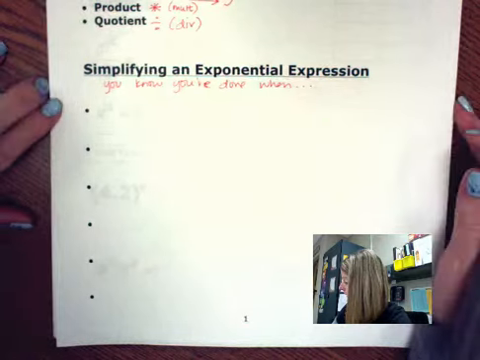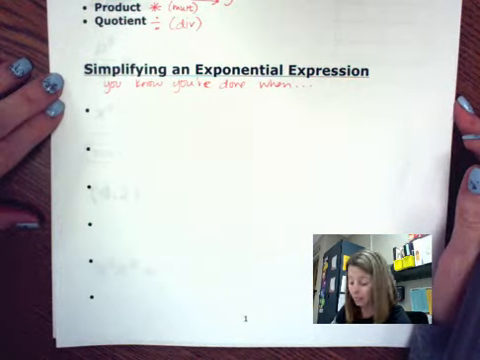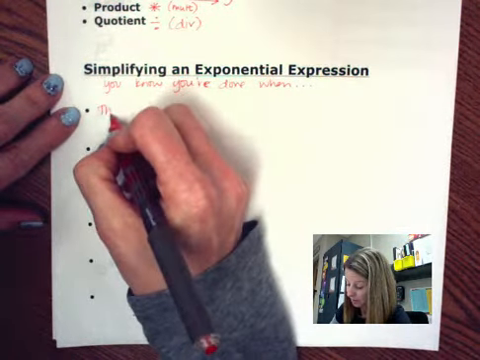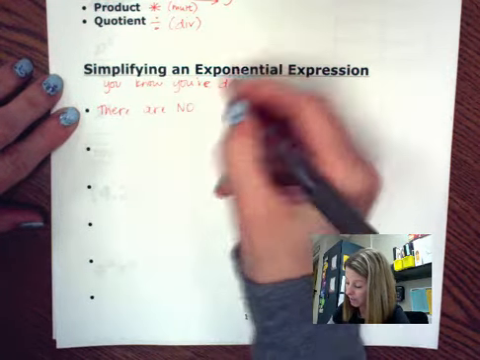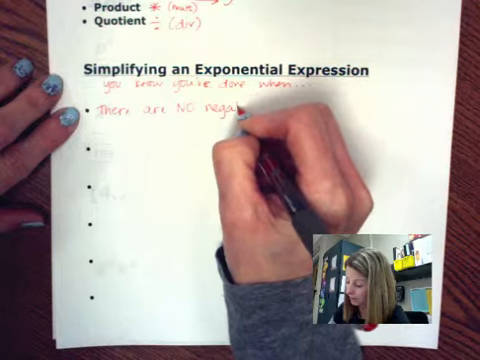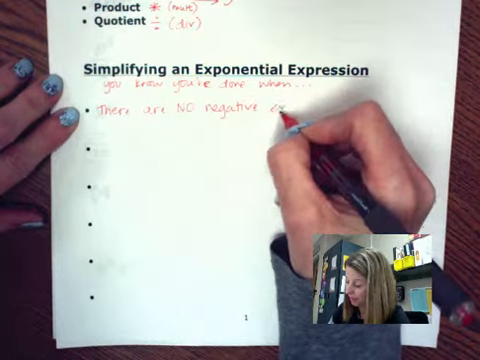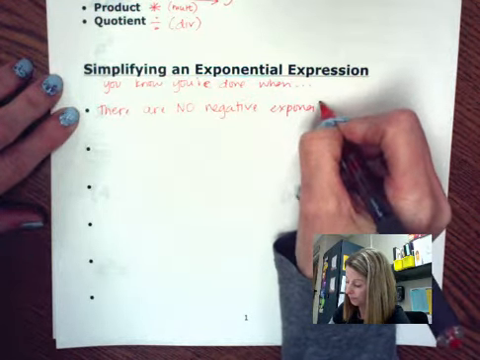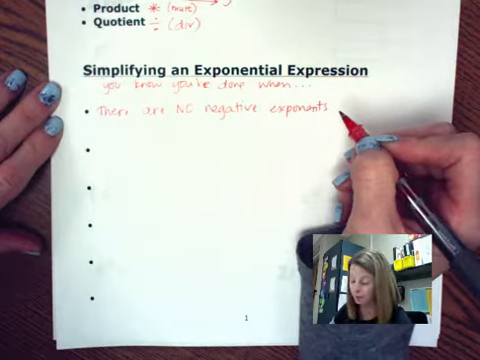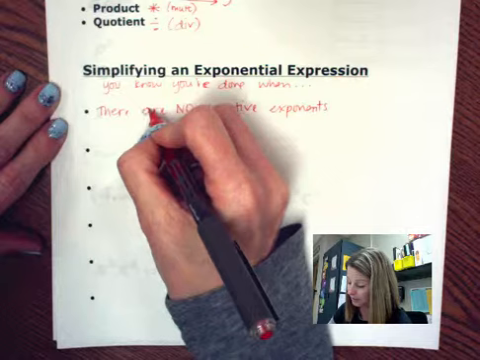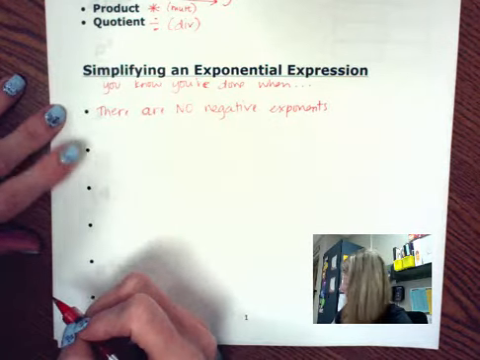So item number 1 is, there are no negative exponents. So we are going to simplify those negative exponents and turn them into positive exponents.